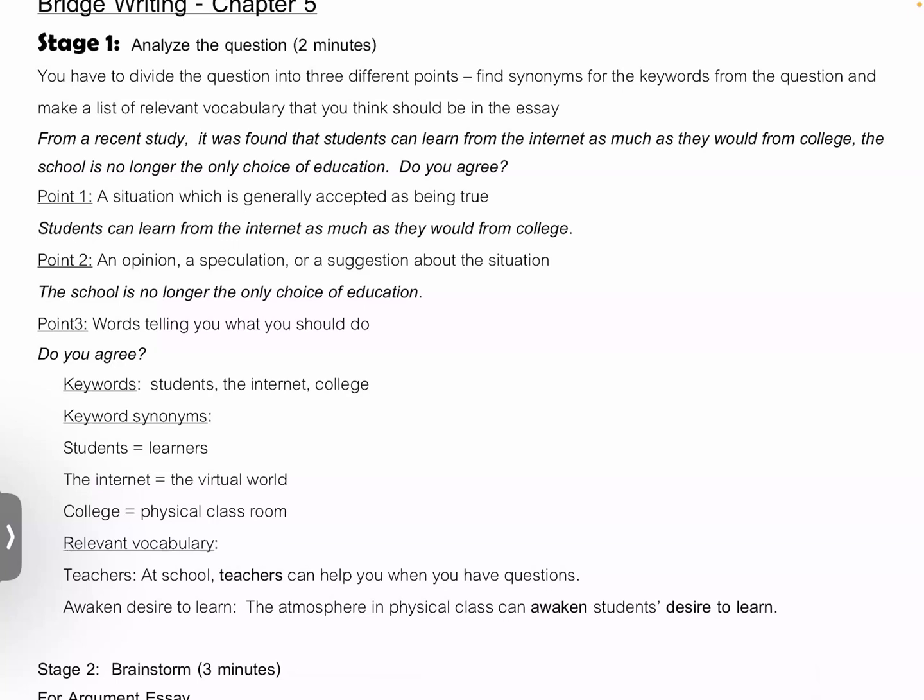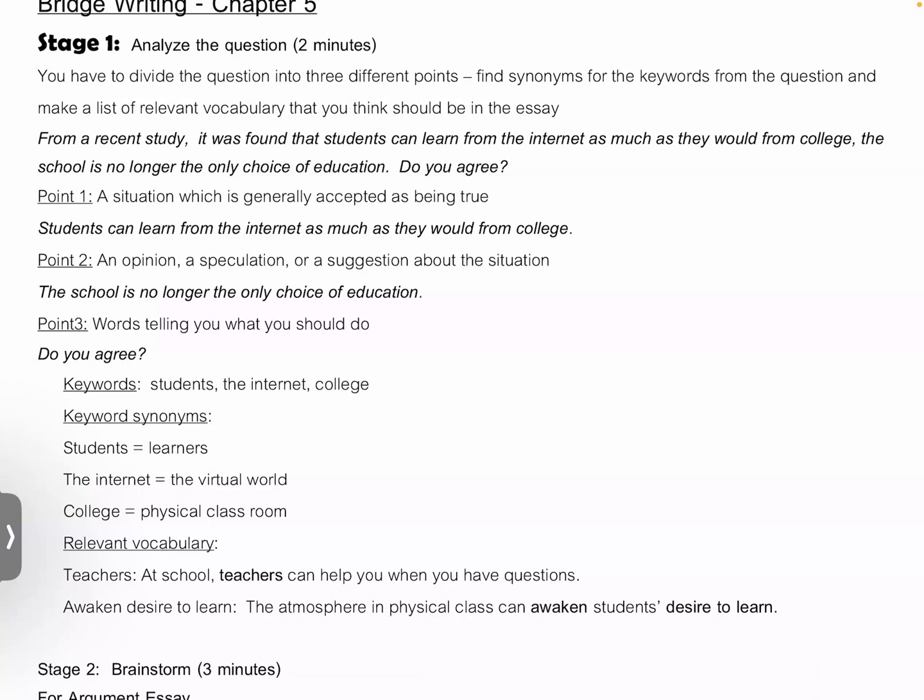When you see things like from a study, from a survey, it was found that, this is meant to be a fact that is used to justify a claim. So the sentence that follows, it was found that, is not considered a claim. The claim is the last statement: the school is no longer the only choice of education. That's your claim.